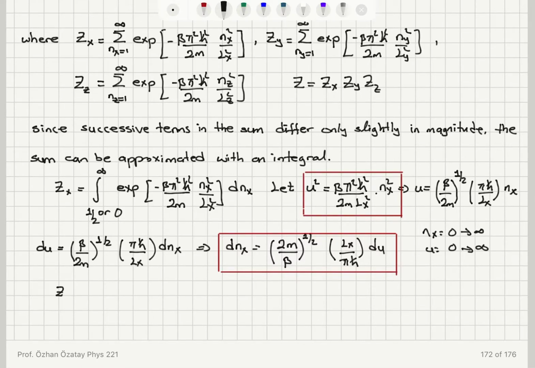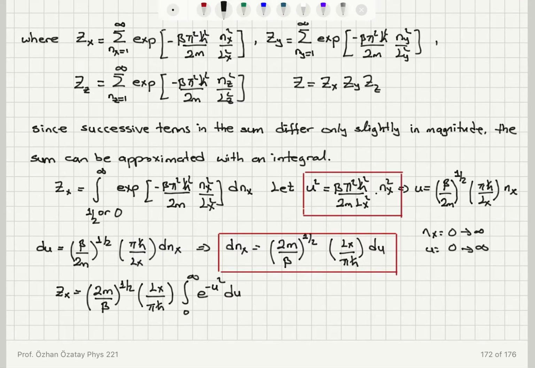So Zx will then become 2m over beta to the power 1/2, Lx over pi h bar, integral from 0 to infinity e to the minus u squared du.